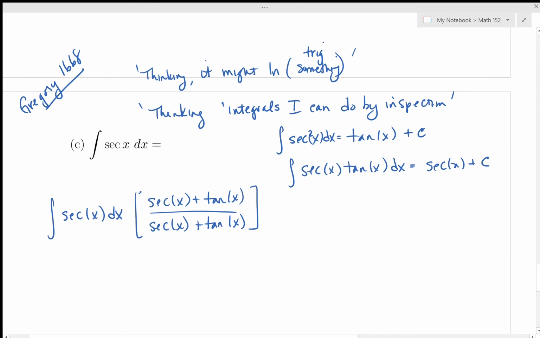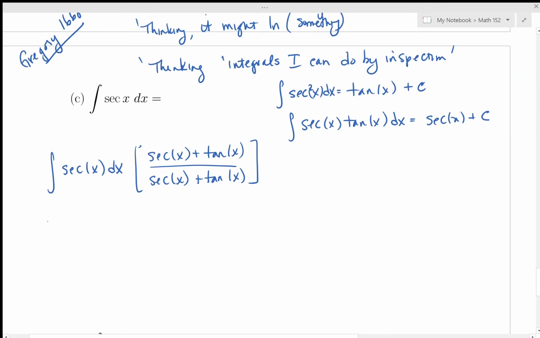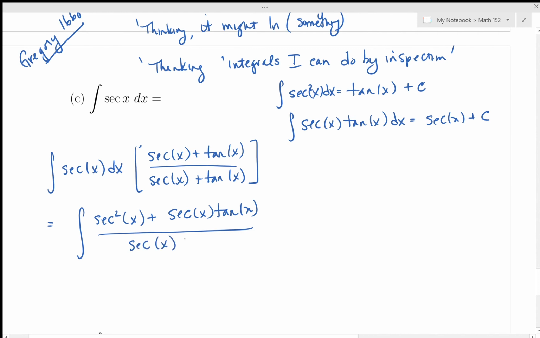And I will then write that out. That will be the integral of secant squared x plus secant x tangent x, and in the denominator will still be secant x plus tangent x dx.